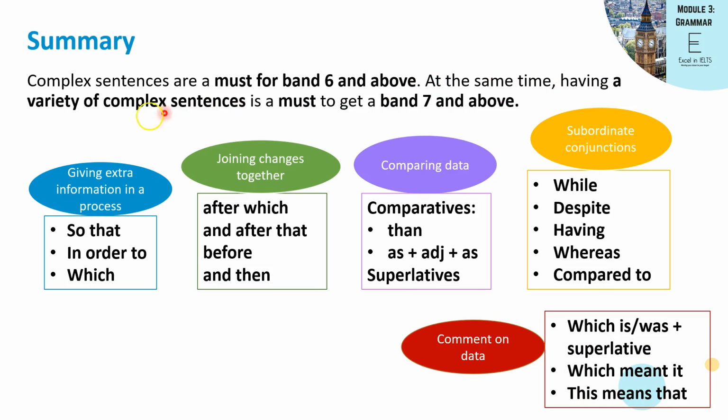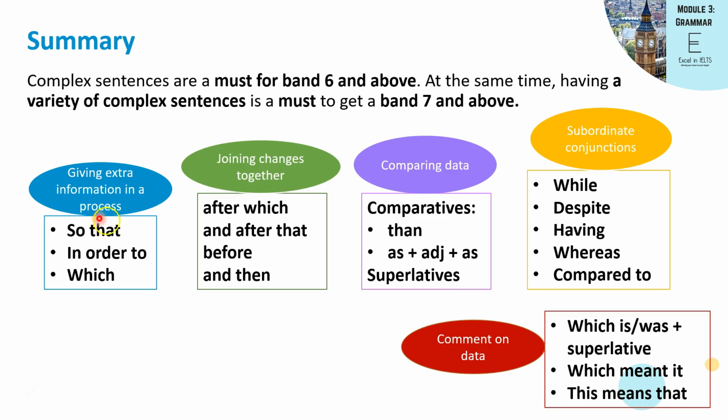So as you can see, you've got such a variety of complex structures here, and when you're writing a complex sentence, I don't really want you to write one for the sake of it. I want you to think of the purpose you're writing it for. So why are you writing that complex sentence?